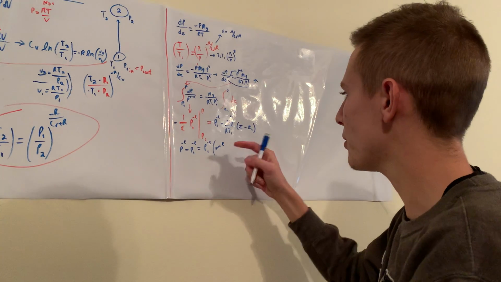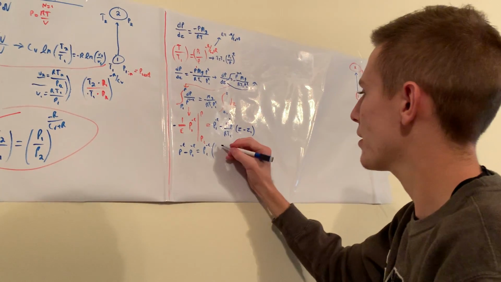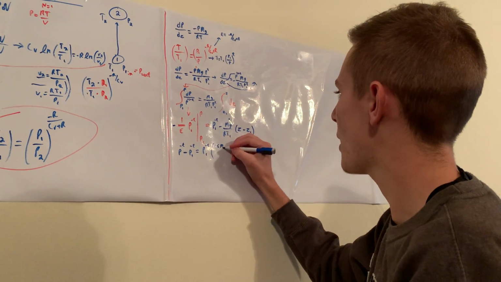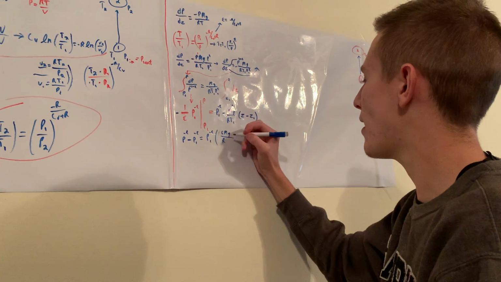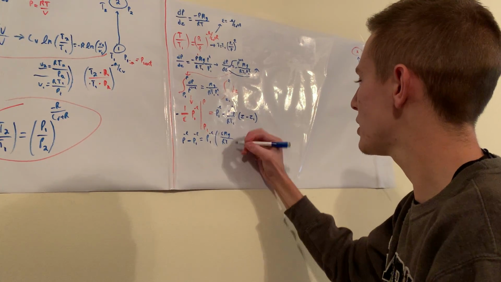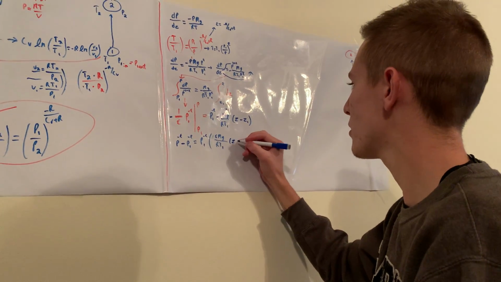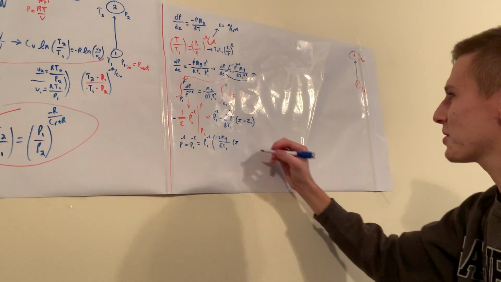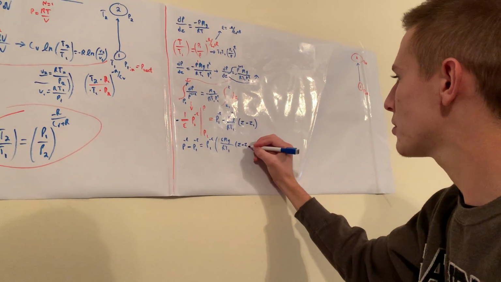So these cancel out, and I can write this as epsilon times mass times gravitational constant over R times temperature initial, multiplied by our final altitude minus our initial altitude.